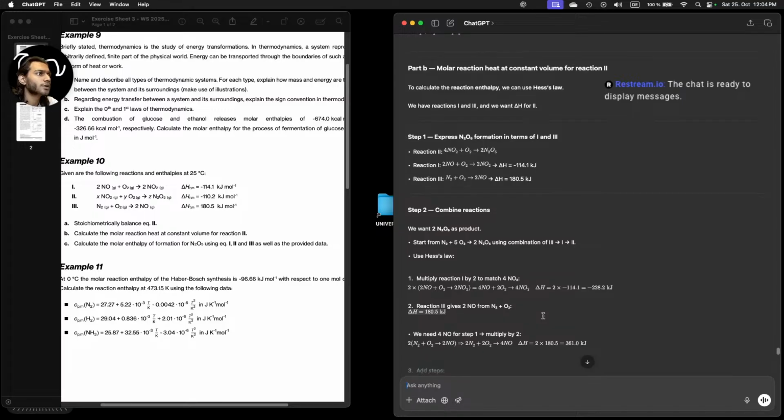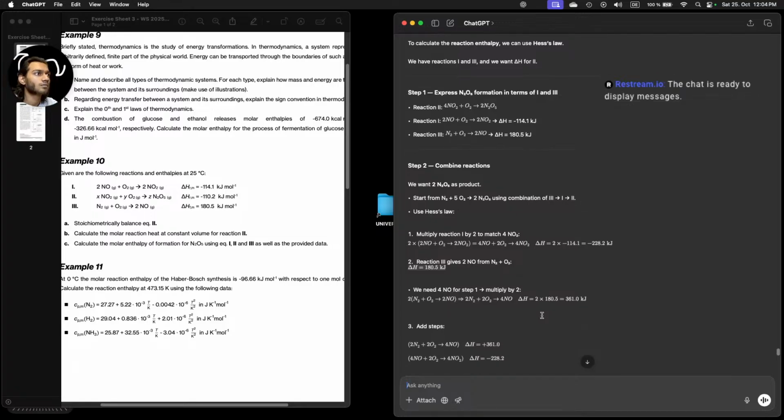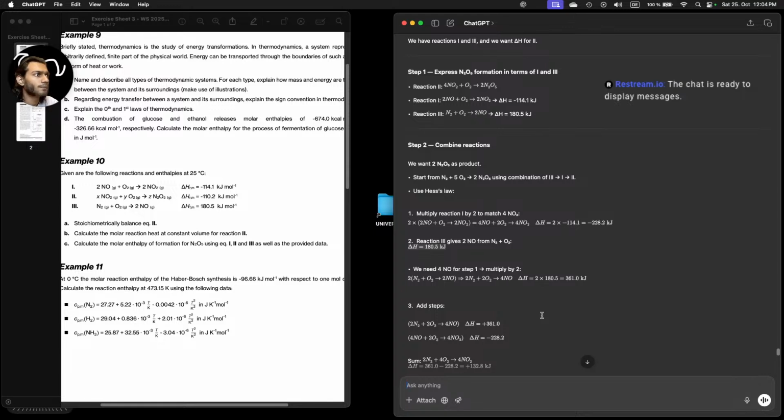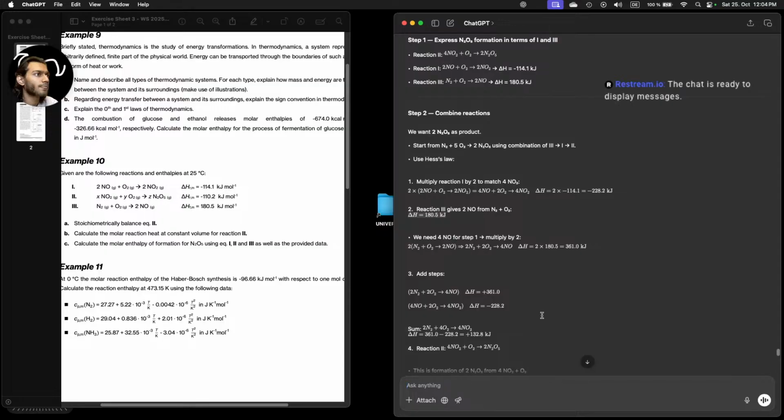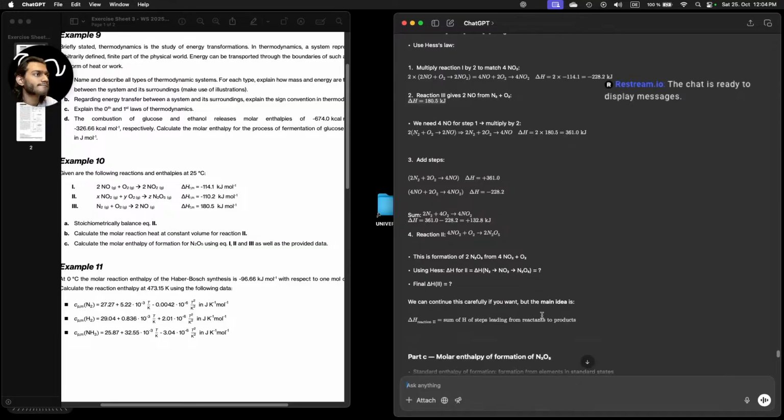Multiply reaction 3, it gives 2 NO, we need 4 NO. Reaction 2, sum of H of the steps leading from reactants to products.